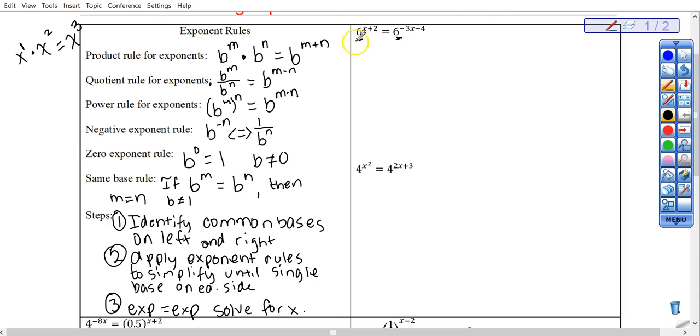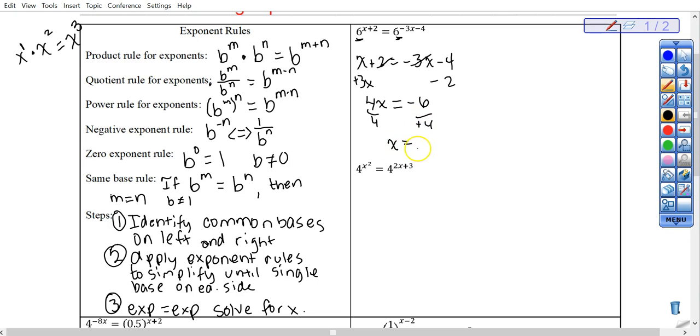So we can go ahead and just set the exponents equal to each other, because if the bases are equal, then the exponents are equivalent. Then we just solve for x. So I'll add 3x over here and subtract the 2 over there, and we get 4x, check my math, equals negative 6. Divide by 4.